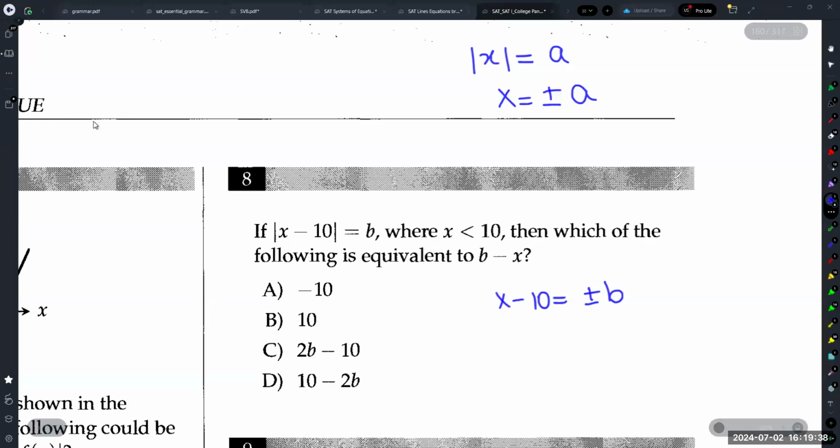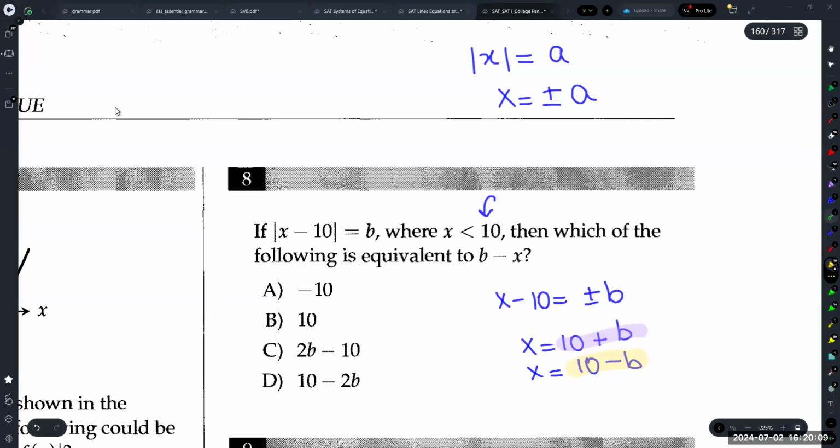X minus 10 modulus is equal to 10, opens up to X minus 10 is equal to plus minus B. So X can be, with 10 going to the other side, 10 plus B and 10 minus B. They said where X is less than 10. So the 10 plus B is bigger than 10. So the expression that you need is 10 minus B, because X is less than 10.